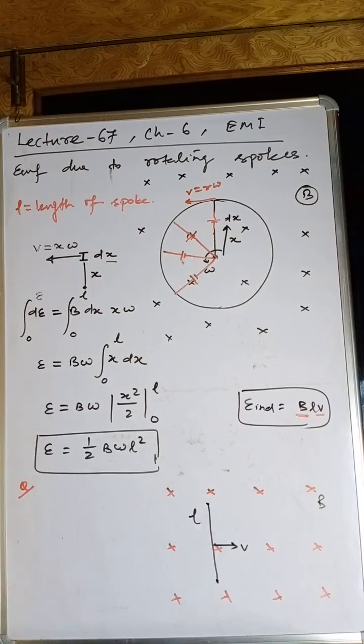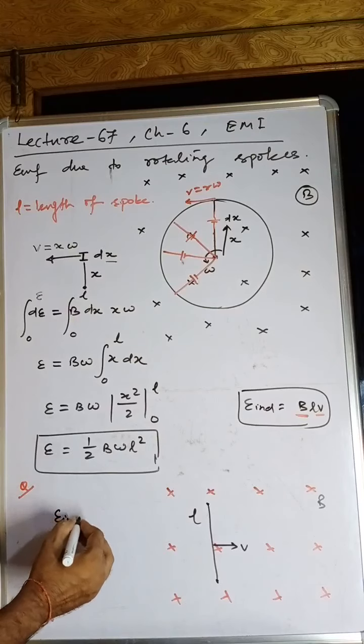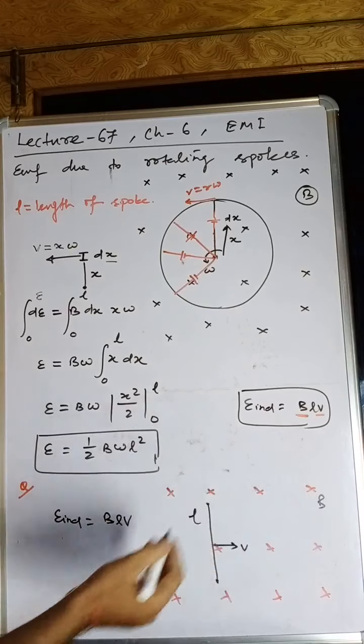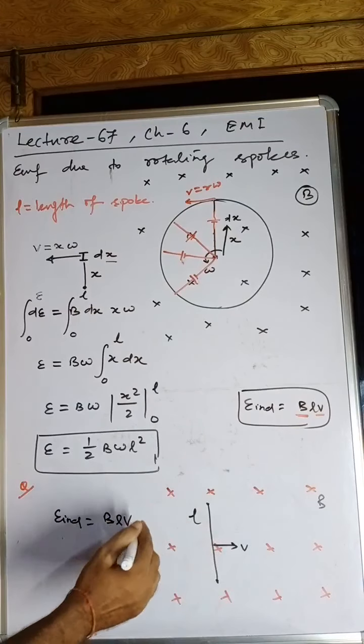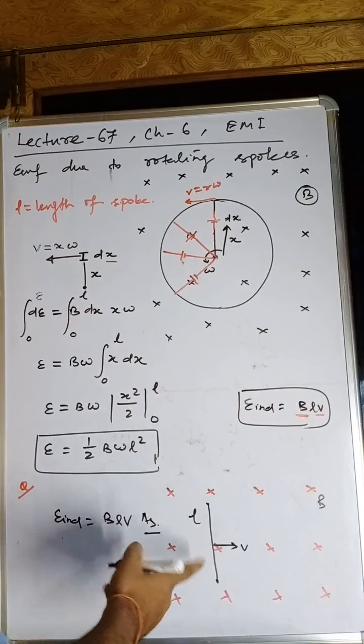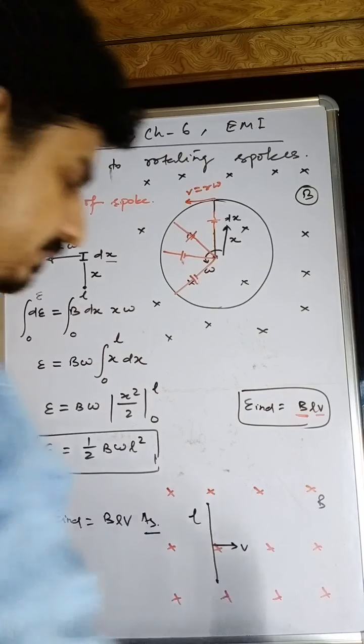What will be the EMF induced? Very simple, we have studied, E induced is equal to BLv. So B is given, length is this one, and v, this is the answer. This was only to recall for you, and on the basis of this I am going to ask a question.